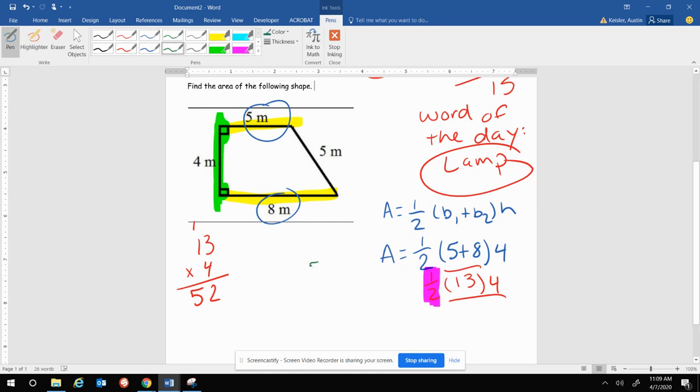So I'm going to do 52 divided by 2. 2 goes into 5 twice, which is 4. I subtract and bring down, and 2 goes into 12 6 times. So my answer is 26 meters squared.